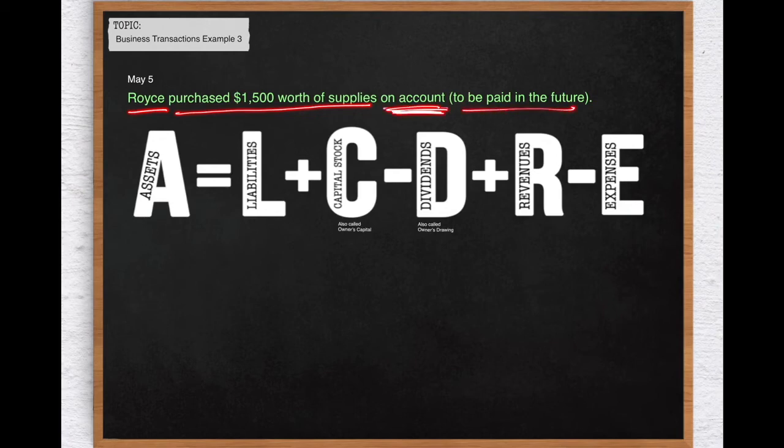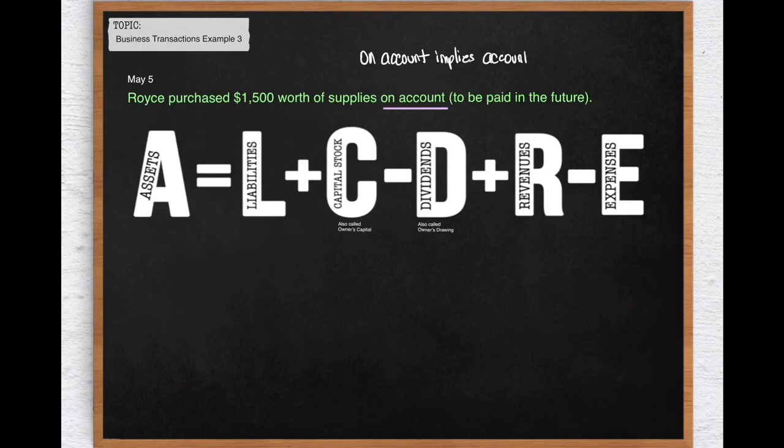Here, Royce purchased $1,500 worth of supplies on account. This is a term that I underlined because it's a term you must get used to. Again, accounting is like learning a new language. When you see that term on account, it implies one of two accounts: either accounts payable or accounts receivable.